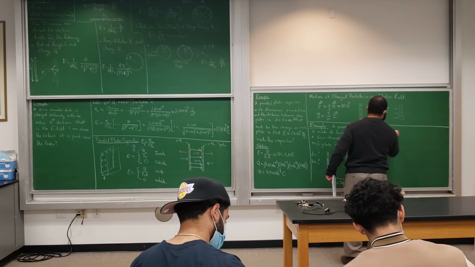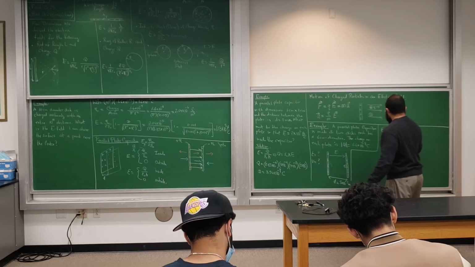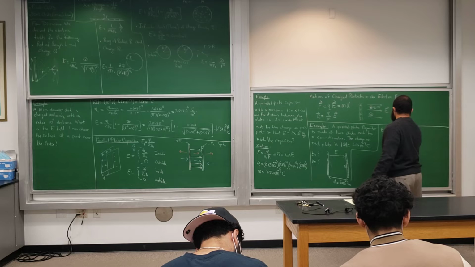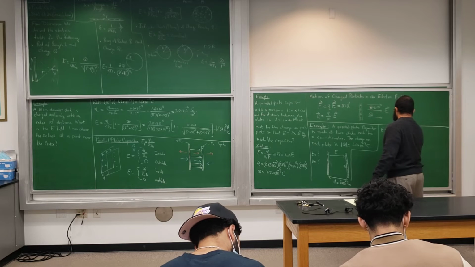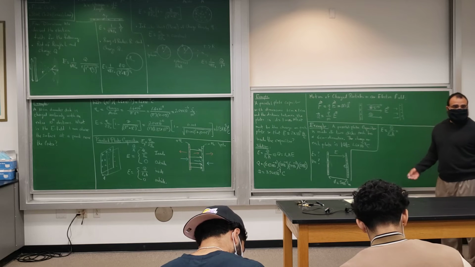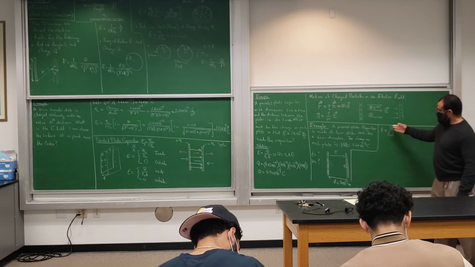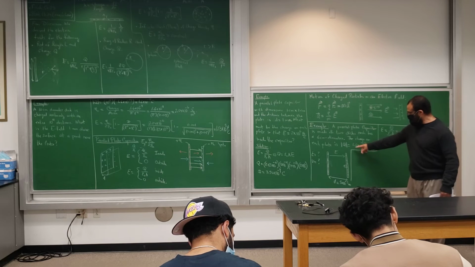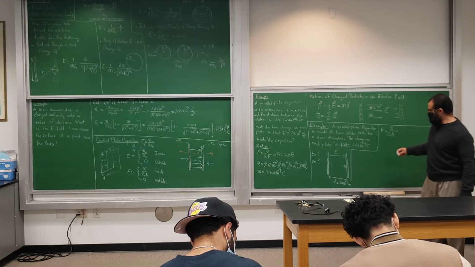Electric field will have a magnitude of capital Q divided by epsilon naught times the area. Q is the charge of each plate, and we said the charge on each plate is 1.6 times 10 to the minus 8.